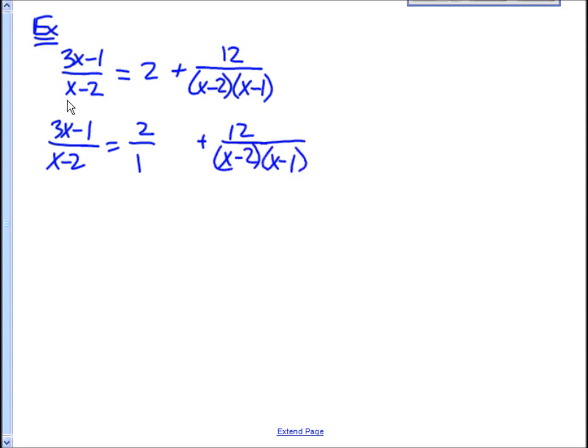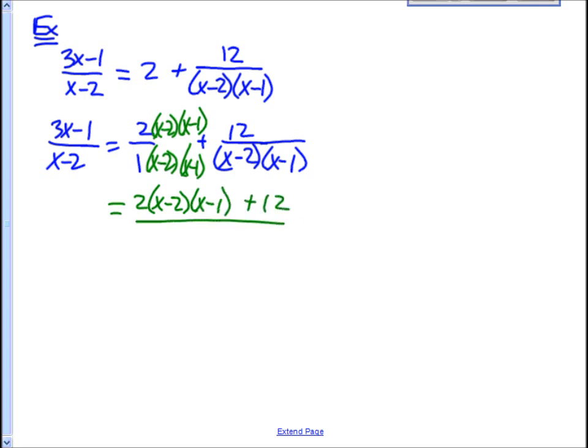Okay, so I'm going to give this an x minus 2, and I got to give it an x minus 1. Okay, so now I got 2, x minus 2, x minus 1, plus this 12, and it's all over x minus 2, x minus 1. Now these guys got a common denominator of x minus 2, x minus 1, okay? This side we got 3x minus 1 over x minus 2, okay?